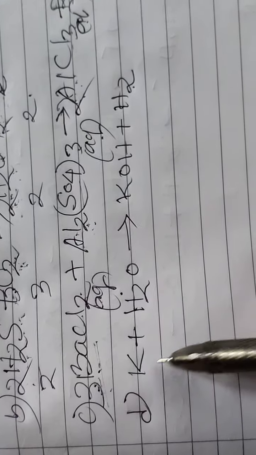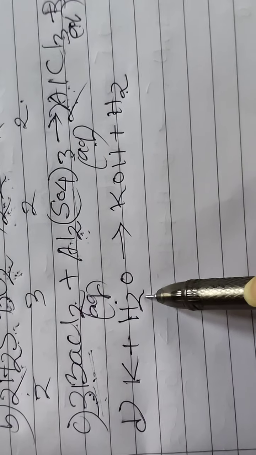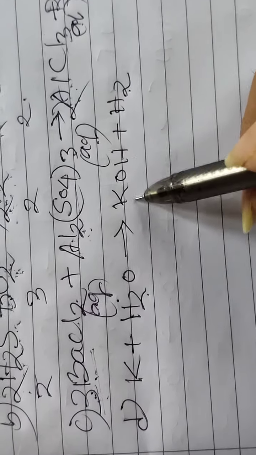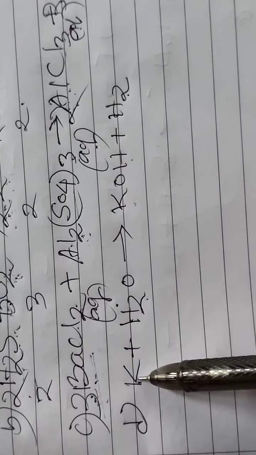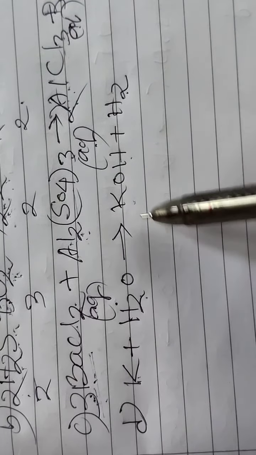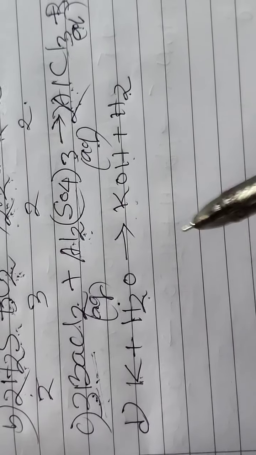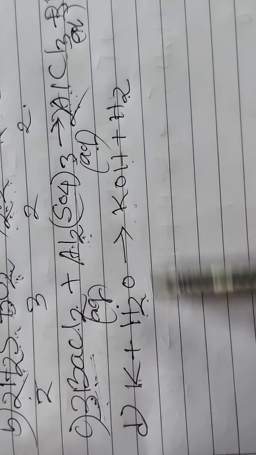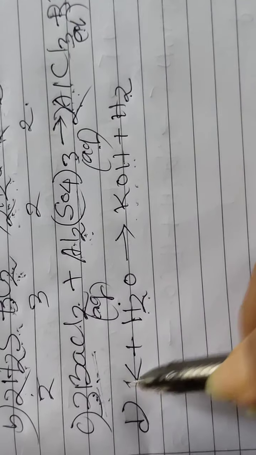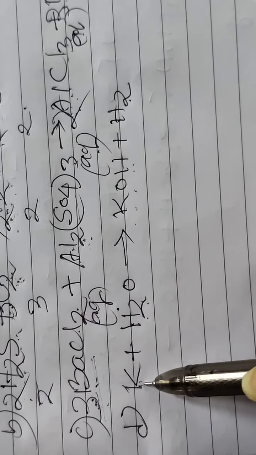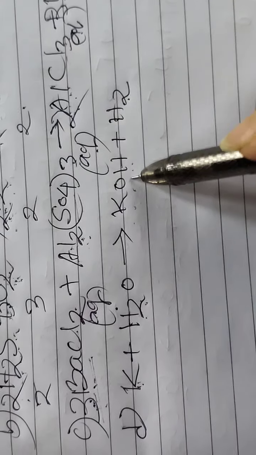You see, actually when a metal reacts with water, it does not directly form metal hydroxide. There are two steps. When a metal reacts with water, it will first form metal oxide. Then this metal oxide reacts with water to form metal hydroxide. So it is not correct that a metal directly reacts with water to form metal hydroxide.